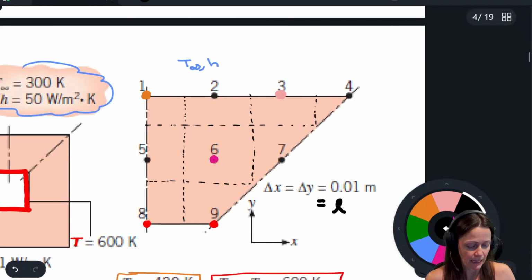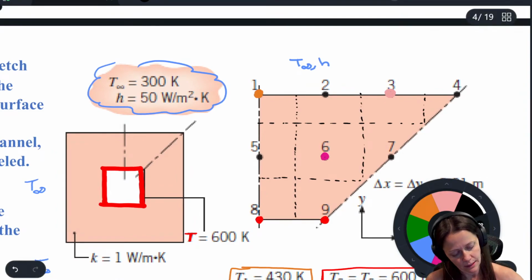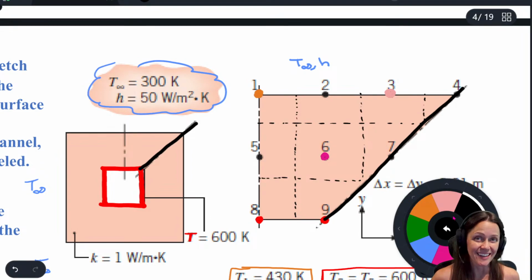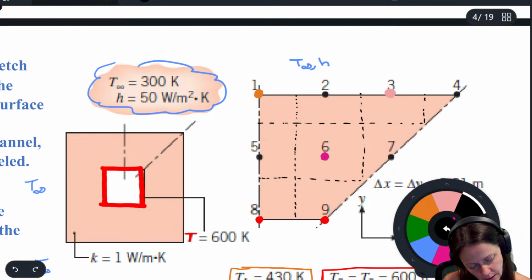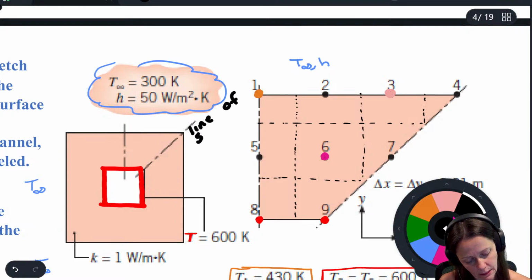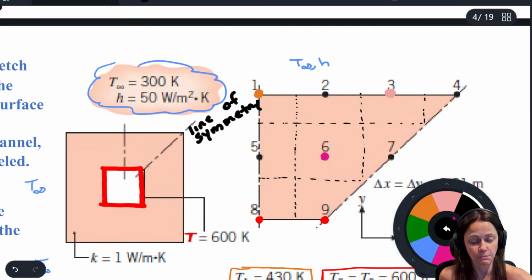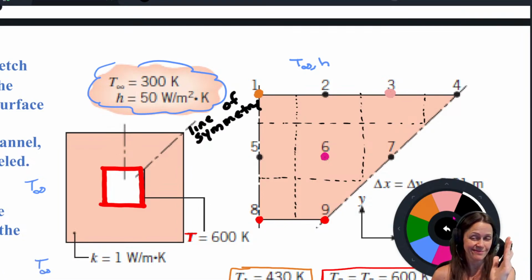However, that line right there is a line of symmetry, meaning that that's the line across which that temperature distribution is a mirror image of itself.